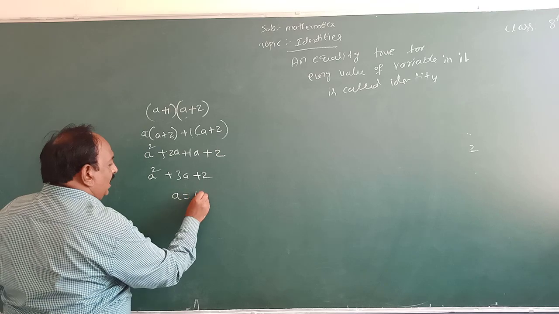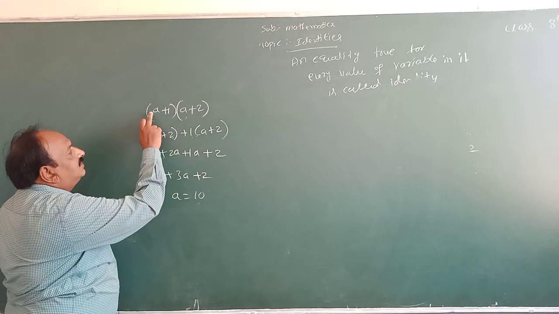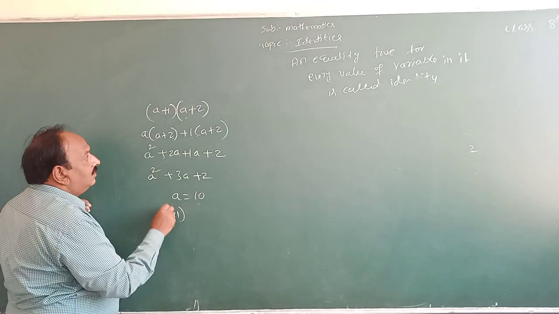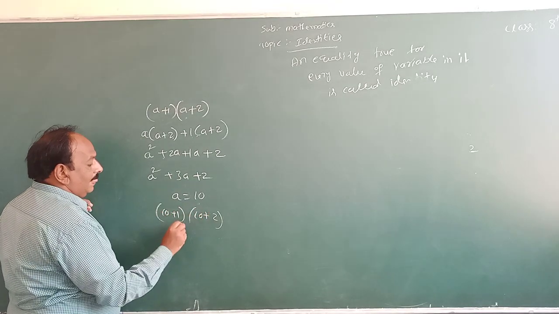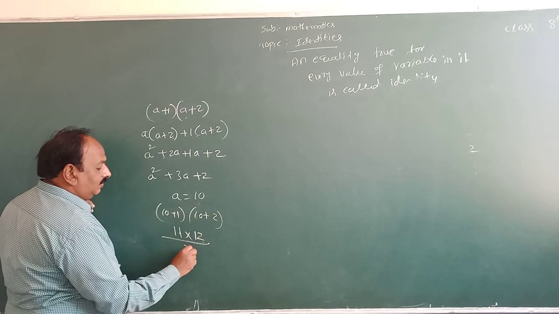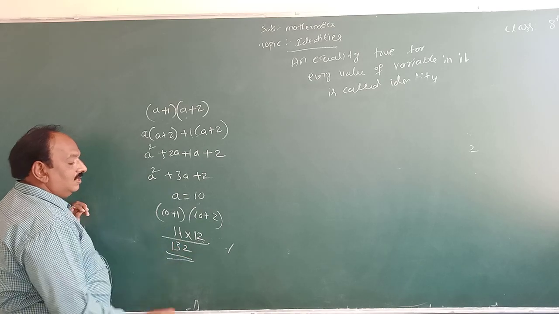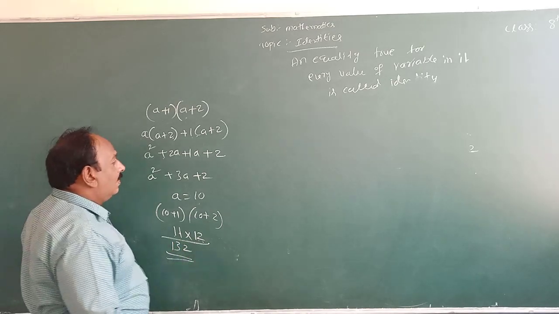Now substitute a equal to 10. Substitute 10 plus 1 into 10 plus 2. 10 plus 1 is 11, 10 plus 2 is 12. 12 ones are 12, carry number 1. 12 ones are 12 plus 1 is 3, 13. What do we get? 132.